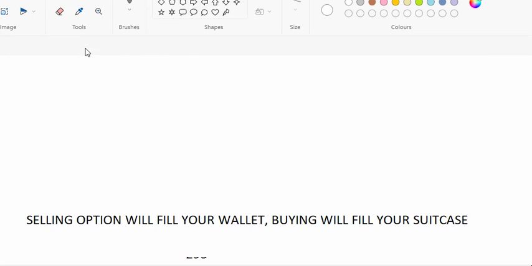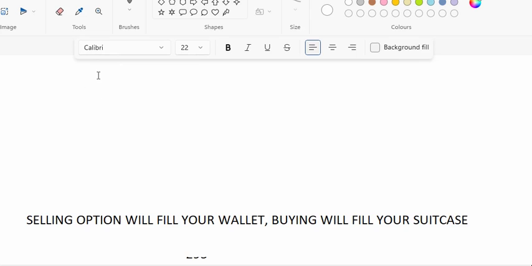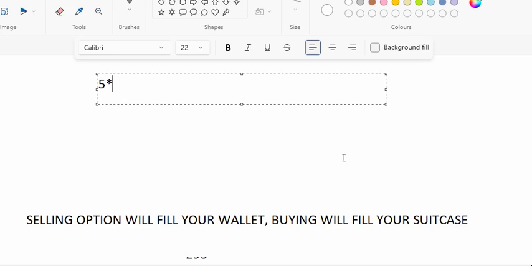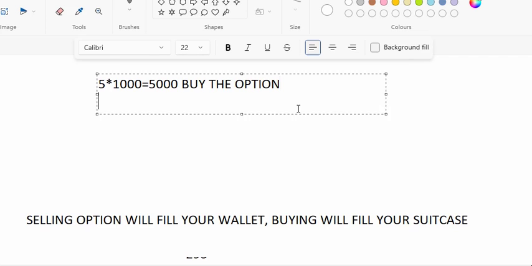So let's say if the option price of ITC or whatever is like 5 rupees, and the lot size is 1,000. Just taking an example, right? So the initial amount of money that you need is 5,000 to buy the option. Put or call doesn't matter, right?